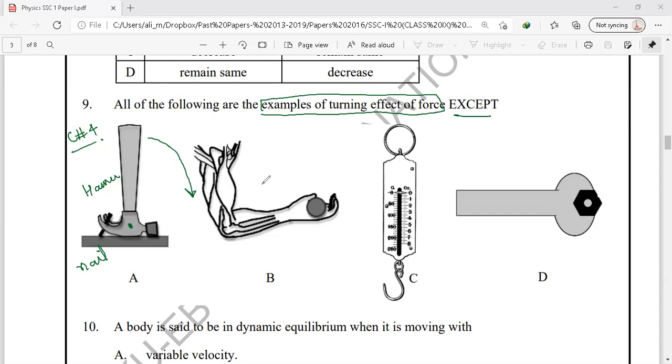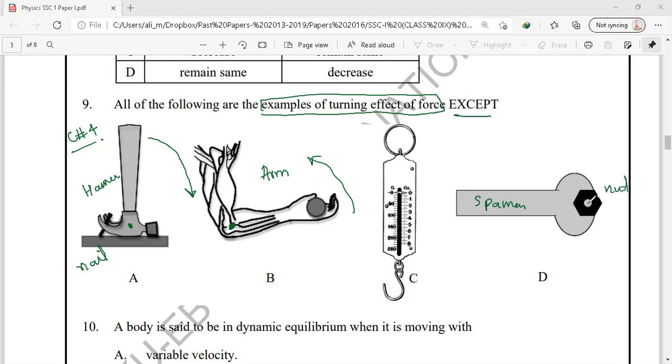Let's come to the other example, that is the human arm, and it is lifting a weight in that direction. So the point of rotation will be at the elbow of this arm. It means this example also involves rotation or torque. Then we have a spanner that is used to tighten or loosen a nut.